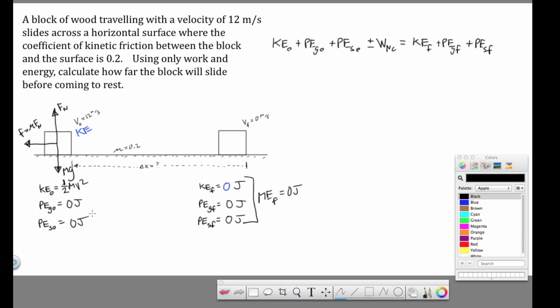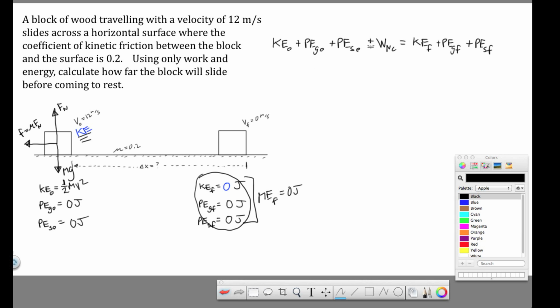So basically what's happening here is we're starting the problem with kinetic energy, and then the block slides over to here, and we end up with no mechanical energy. There is 0 mechanical energy final, which means all of our initial mechanical energy was taken by friction. Friction steals mechanical energy and converts it to heat.